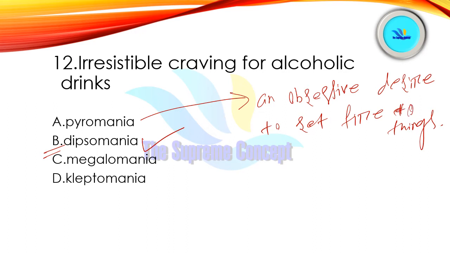So an obsessive desire to set fire to things is pyromania. Then we have megalomania. Megalomania means obsession with the exercise of power, or we can say power lust, or madness for power.